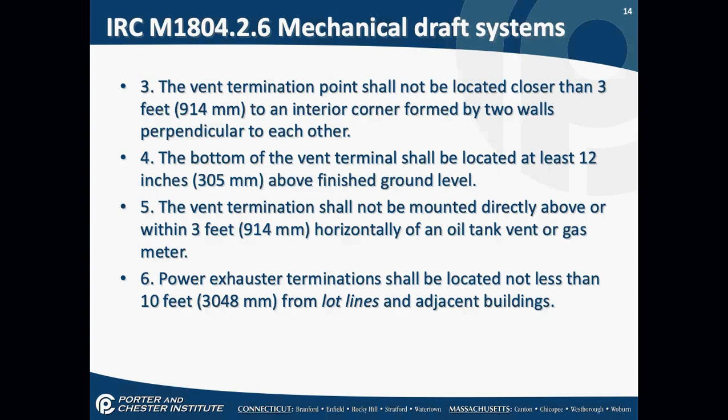Don't want any spills that can possibly end up on another property. They're hot. That's a hot gas coming out of there, could be close to 500 degrees. We don't want somebody to accidentally wander into that hot gas and that hot thing.